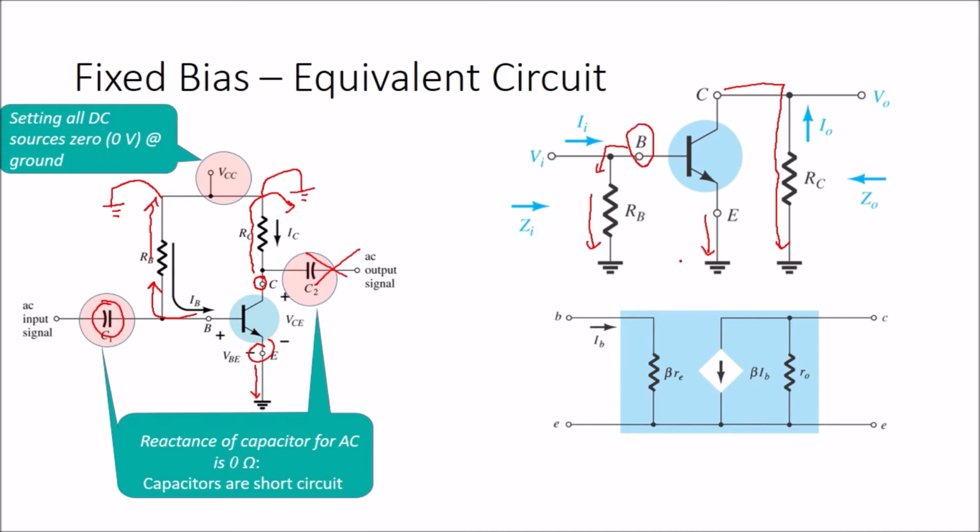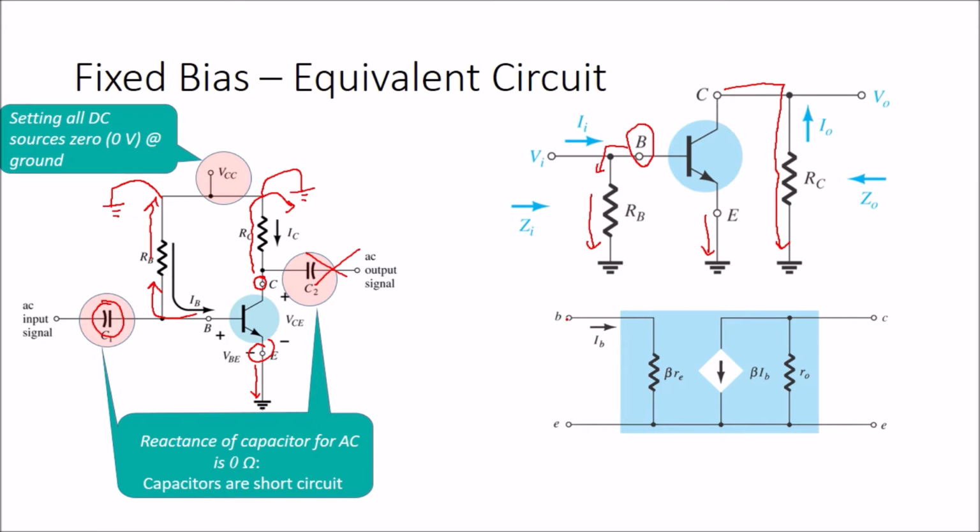If you still remember during the introduction, this one represents the transistor, the internal resistance of the transistor, and also another internal resistance between the C and E junction.